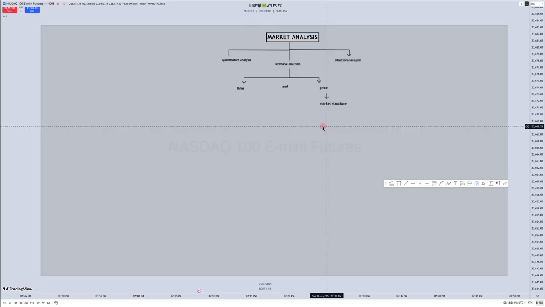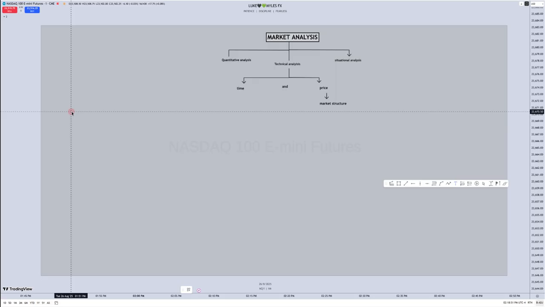That is the structure of the market. That's what I call market structure. So in market structure, there are different types of things. There are what we call PDRAs, there are trends, there are inducements. So we shall be going one by one.